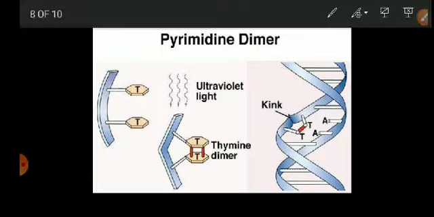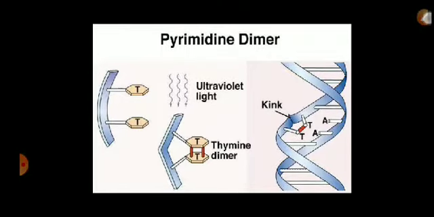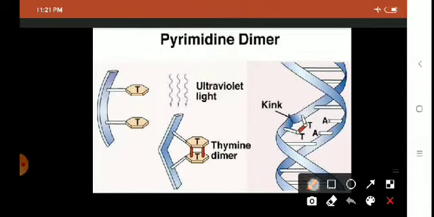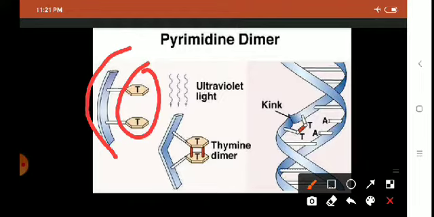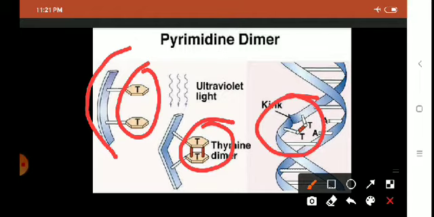Now look at this diagram. This is a DNA strand, and these are the two adjacent thymine residues. When the DNA absorbs UV light, the two thymines join each other, I mean they dimerize, and that causes a distortion in the DNA, because they cannot be accommodated in the strand.